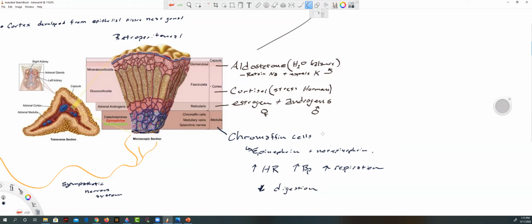So let's think about epinephrine. This is our fight or flight. Fight or run, or just stand there and freak out and shake or cry.